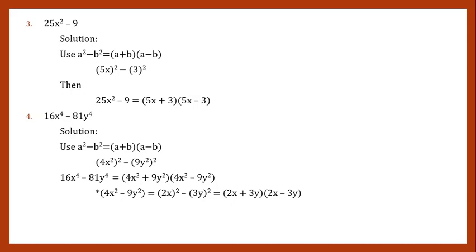So, kapag magbibigay ako ng activity, kailangan completely factor it out. So, kung hanggang pwede pa siya i-factor out, meaning, hindi pa ito yung final answer. You have to factor out 4x squared and then 9y squared. So, we have 2x, square root of 4x squared is 2x and 9y squared is 3y.